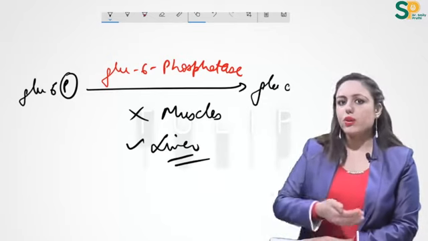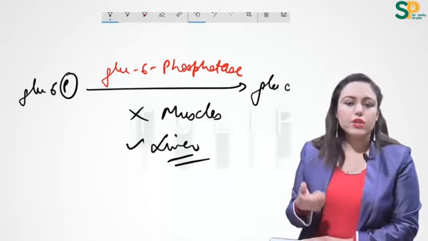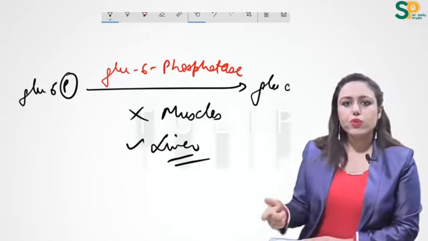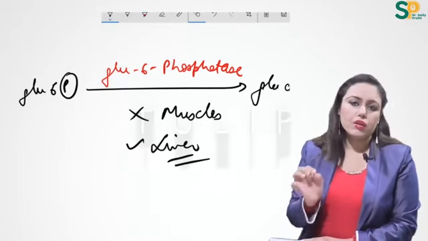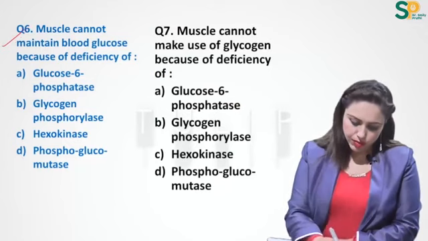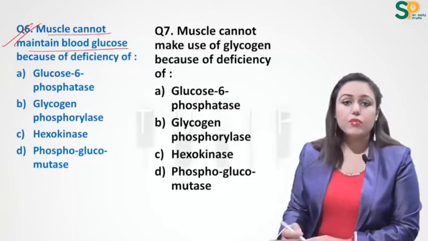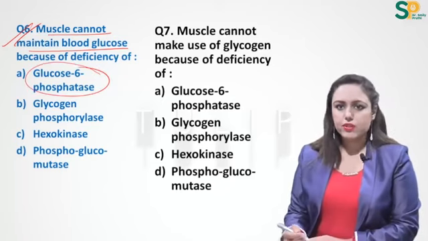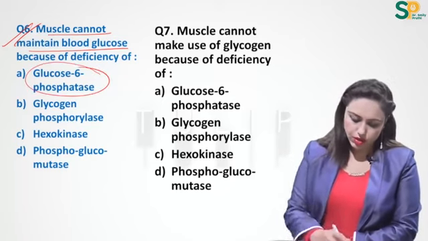In muscles, when glycogen is broken down, the end product is glucose 6-phosphate. After that, the next reaction, glucose 6-phosphate to glucose, has to occur only in liver, right? So therefore, see question number 6. Muscles cannot maintain blood glucose levels because of deficiency of which enzyme? Glucose 6-phosphatase. So this is a very simple question, right?